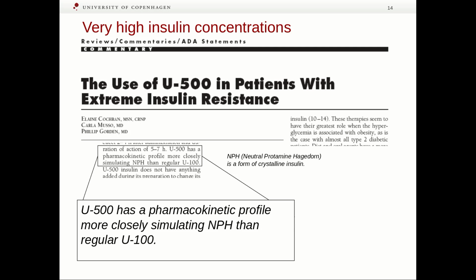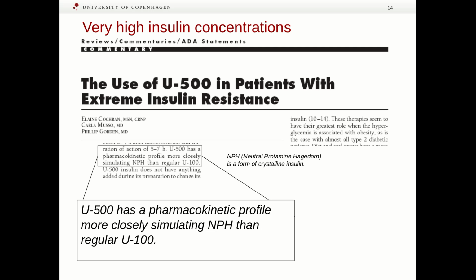But on the basis of the model, we have suggested that insulin of higher concentration than the 40 international units per milliliter actually absorbs slower than the 100 international units per milliliter insulin.